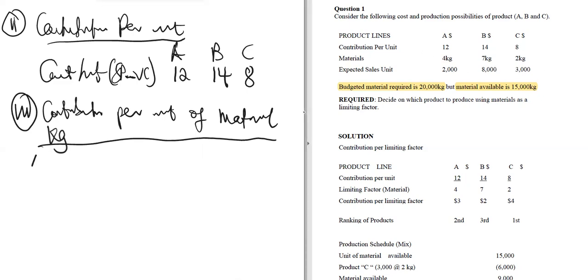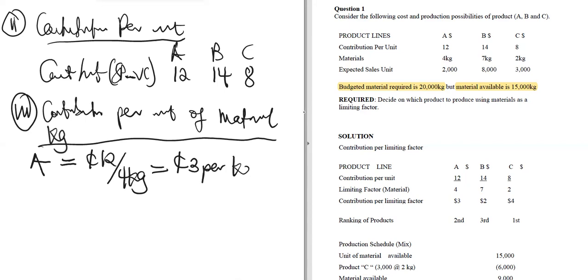For A, what is the contribution for 1 kg? It is 12 cedis for 4 kg, so for every 1 kg we make a contribution of 3 cedis, which is 12 divided by 4.